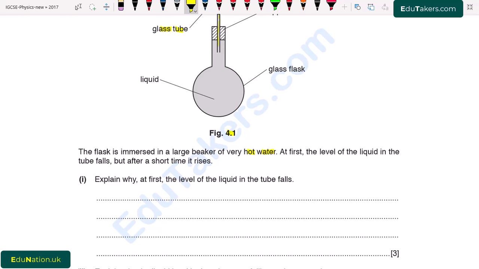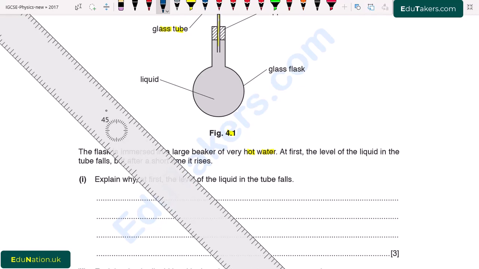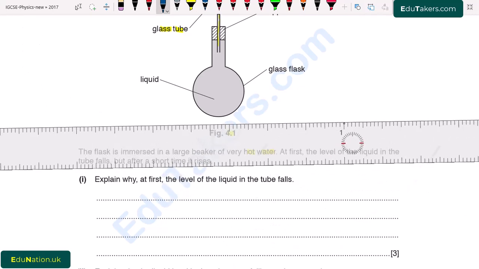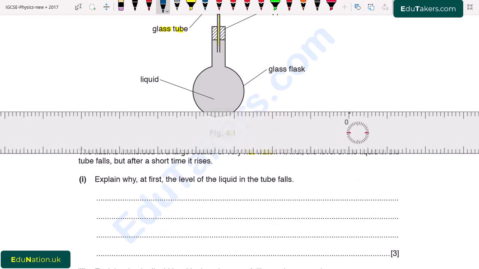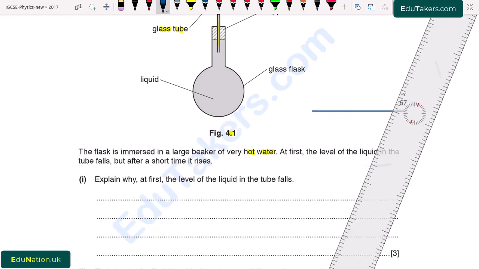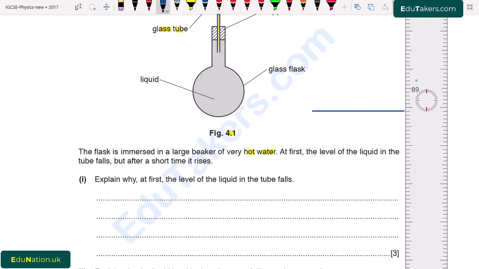Part 1. Explain why at first the level of the liquid in the tube falls. So first of all, I here make a large beaker and place the flask inside this.